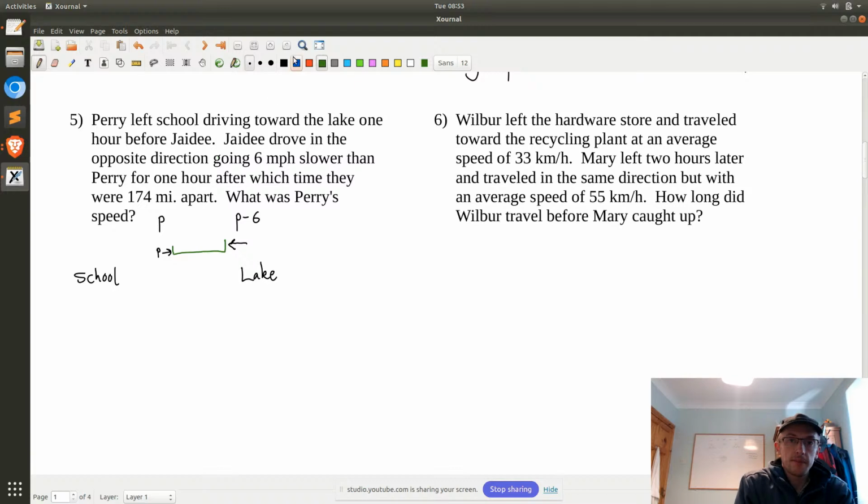Okay, so first hour. The gap between them closes by this much. It closes by whatever Perry's speed is, right? Let's just say that Perry's speed is 20 miles per hour. After the first hour, the gap between Perry and JD is 20 miles smaller.